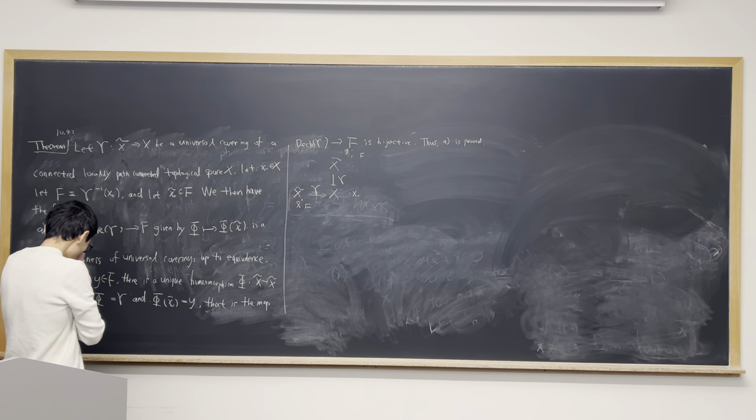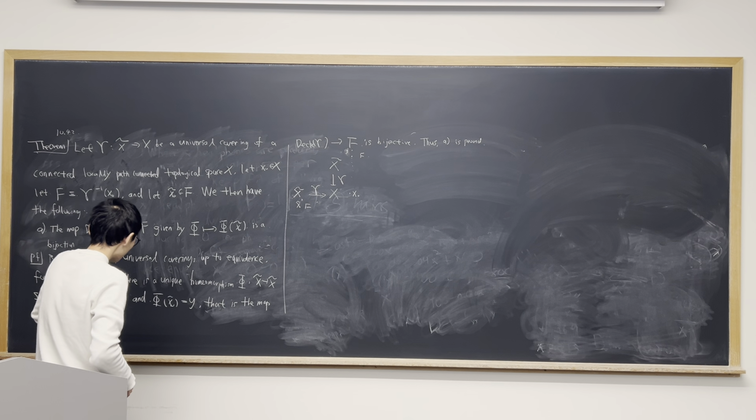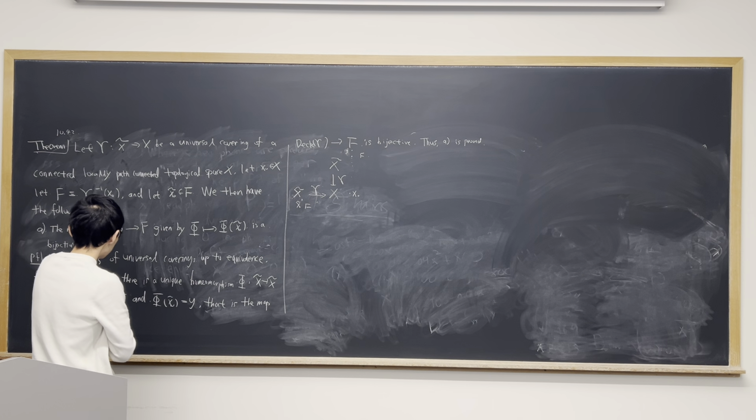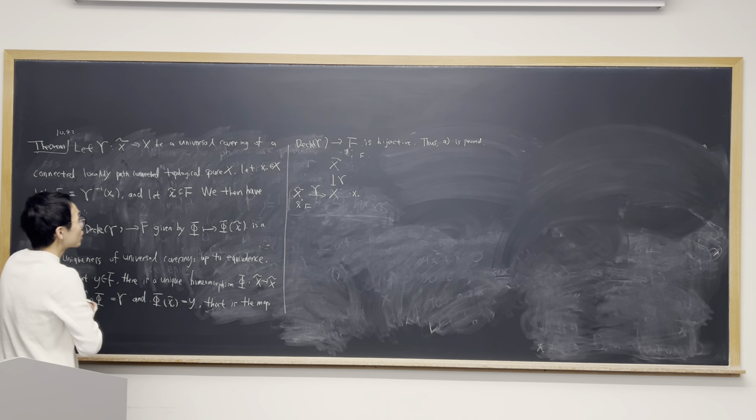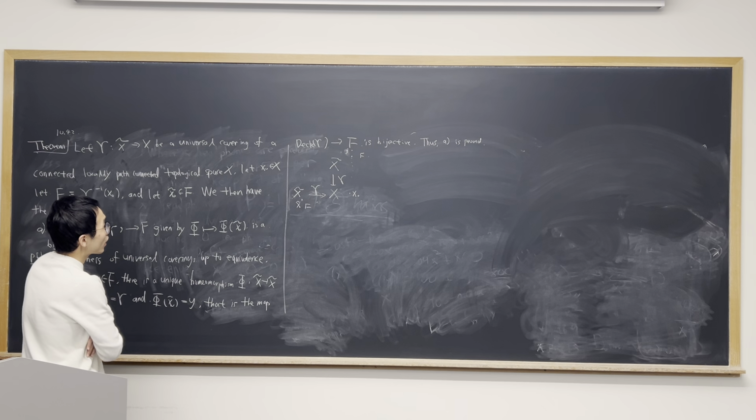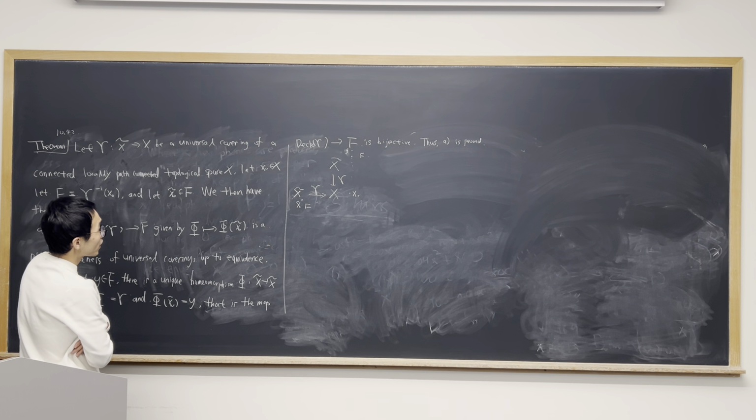Okay, and then x tilde equal to y. Yes. Oh, okay, it's true. It's bijective because this y is an arbitrary y, right? But it's a unique map, right?